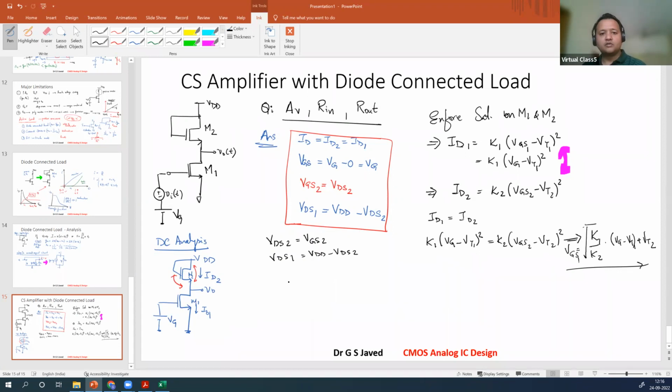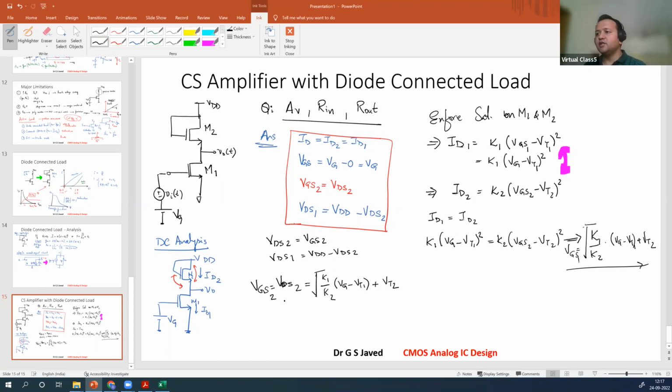So VDS2, same VGS formula we can apply, root K1 by K2. So VGS2 equal to VDS2 is equal to root K1 by K2 times (VG minus VT1) plus VT2. This is VDS2.